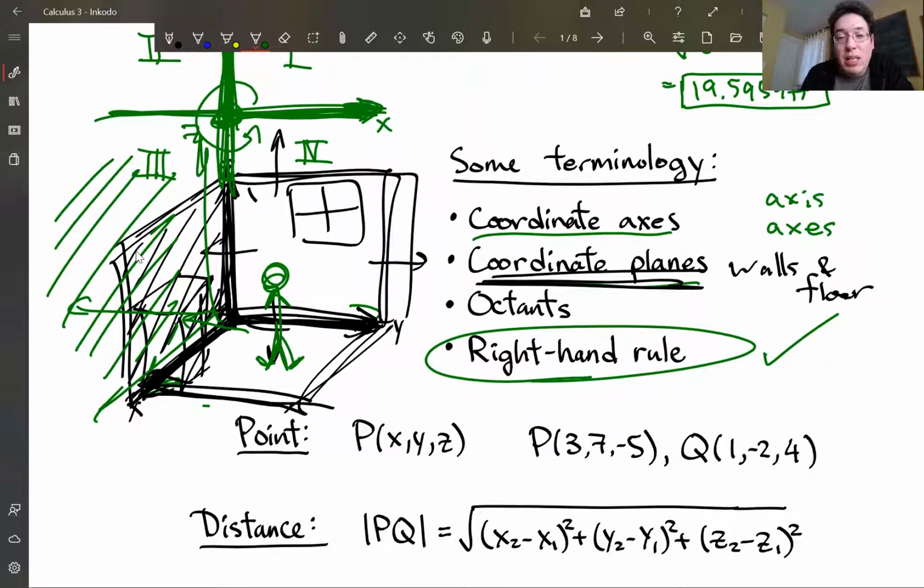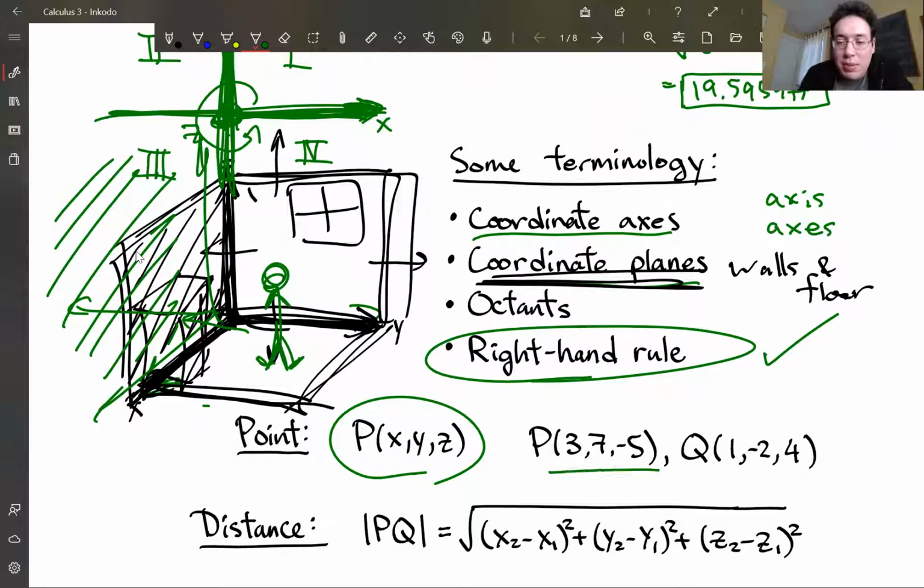When we name a point in 3-dimensional space, we might name it something like this. We usually use a capital letter to denote a point. So I might call a point P, and in parentheses, I might list the x, y, and z coordinates, looking at it from the 3-dimensional axes that we've just talked about.